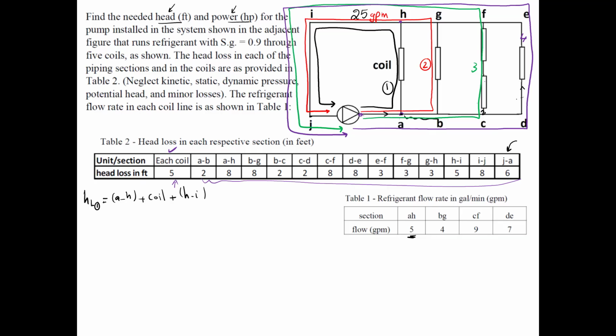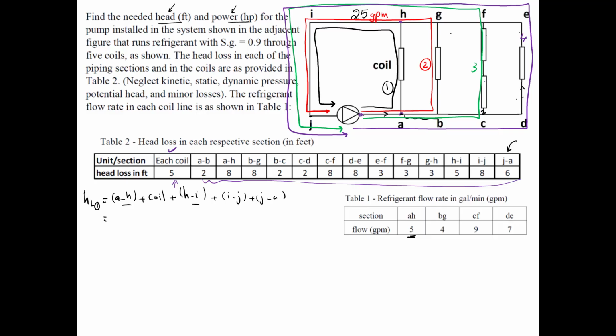Of course, if you want to make it easier on yourself, just calculate HI, IJ, JA, because it's going to be used in all these 4. But just to show the lines, it's AH, HI, plus IJ, plus J through A. I only do the first one, and I'll show you the other ones.